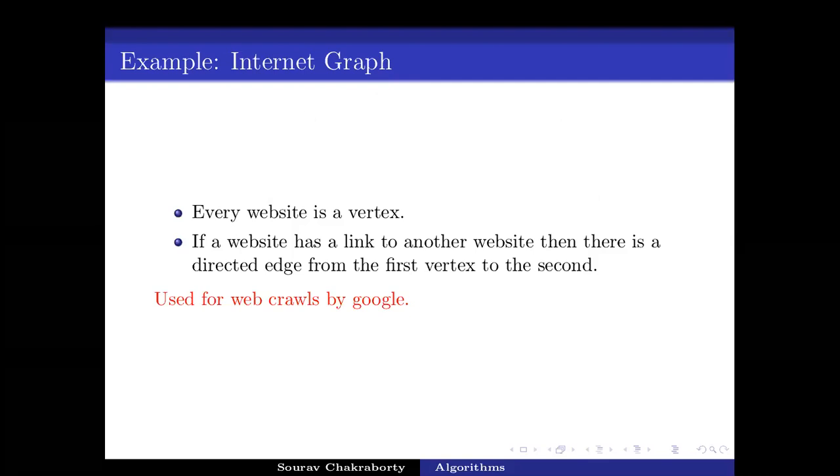And corporations like Google and Facebook obviously want to understand how these websites are operating among themselves, and they use something called a web crawler, which investigates which pages are more frequently used.